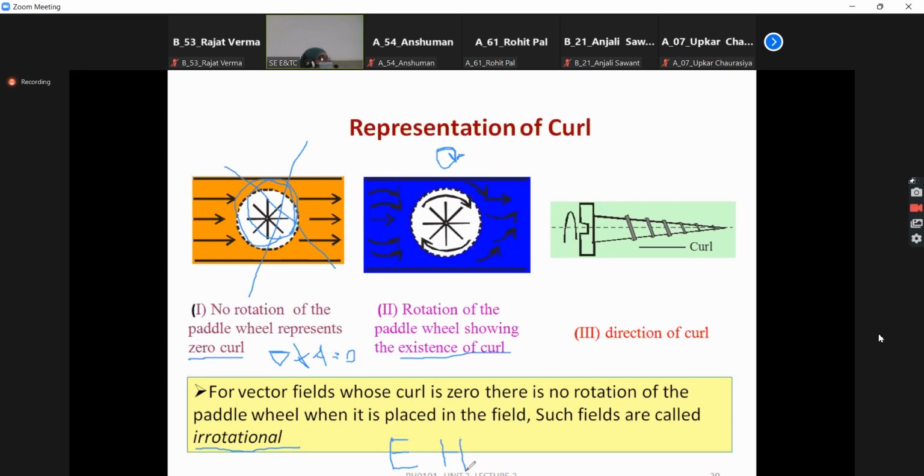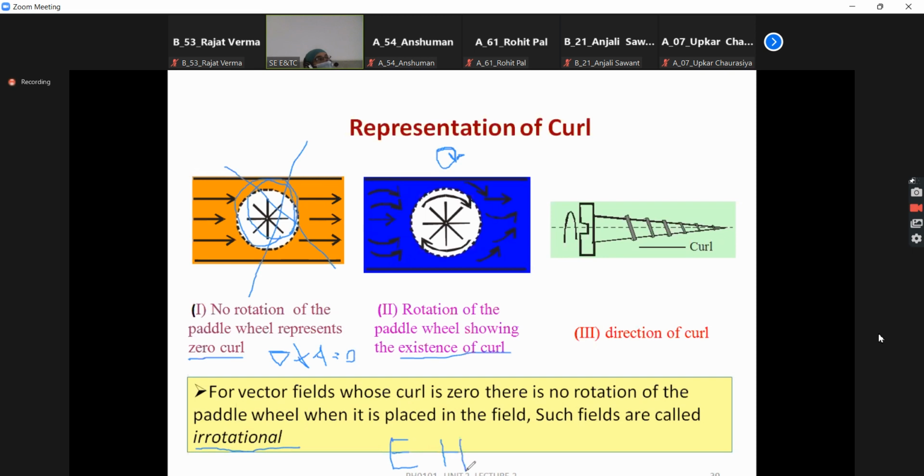ट्रांसफार्मर को अगर आप डीसी सप्लाई देते हो प्राइमरी में, तो सेकेंडरी में करंट आएगा क्या? Will you get it? No, ma'am. तो ट्रांसफार्मर में प्राइमरी में आप हमेशा एसी करंट कनेक्ट करते हो. What is AC? एसी करंट मतलब it is a time varying field. अगर आप उसको स्टेशनरी फील्ड देते हो प्राइमरी में, तो सेकेंडरी में आपको करंट नहीं मिलेगा.